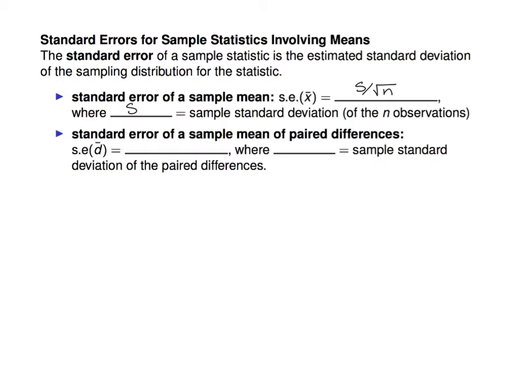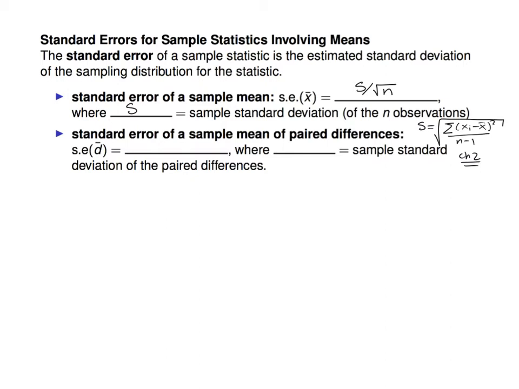Remember that S is found using this formula, the square root of the sum of all the xi minus x bar squared over n minus 1. We did that back in chapter 2.